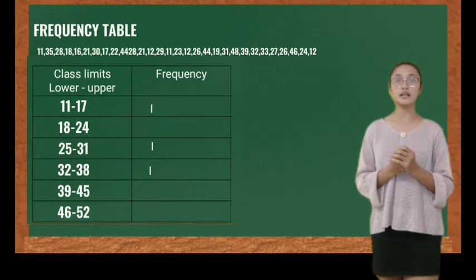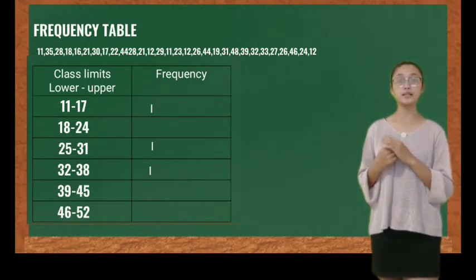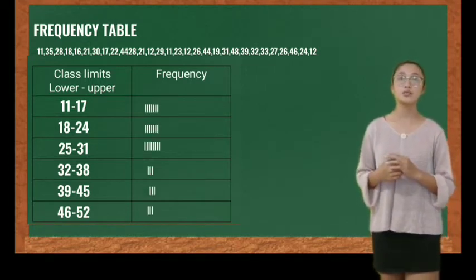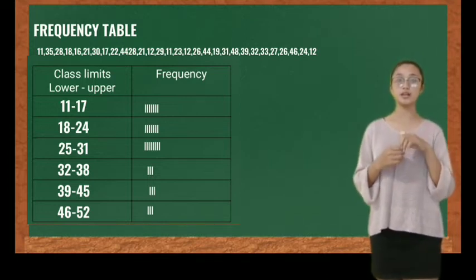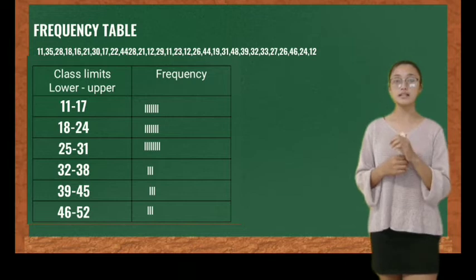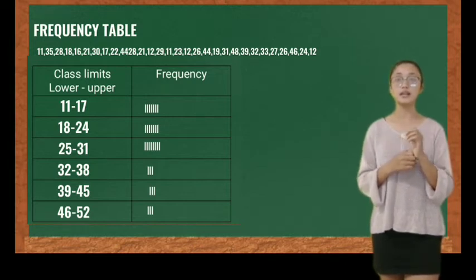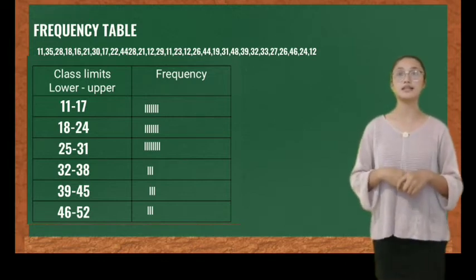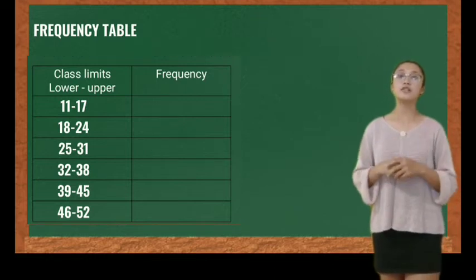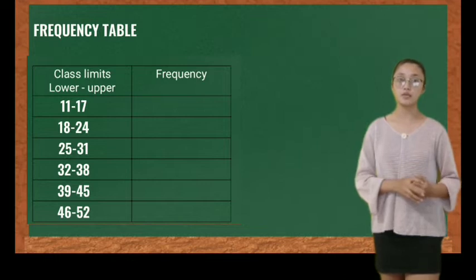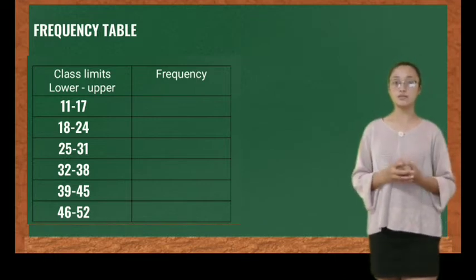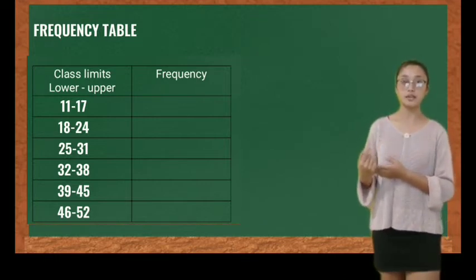If you are done tallying all the sample data, you will just count the marks, how many marks the classes have, and that is the frequency of that class. But if you already arranged the sample data as I did earlier, I won't do the tallying anymore. Instead, I will just count from the lower limit to the upper limit value.